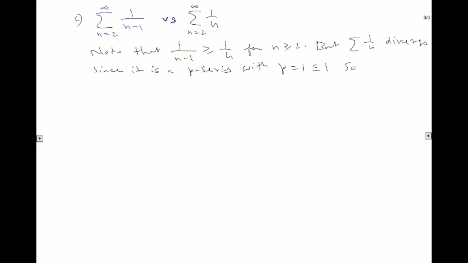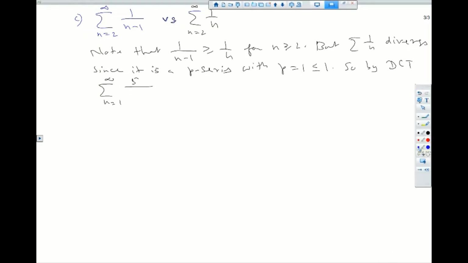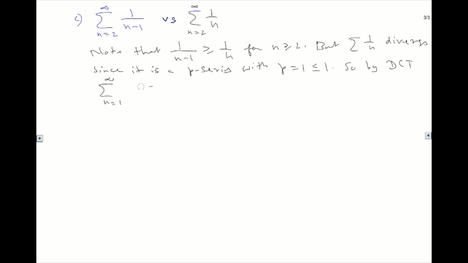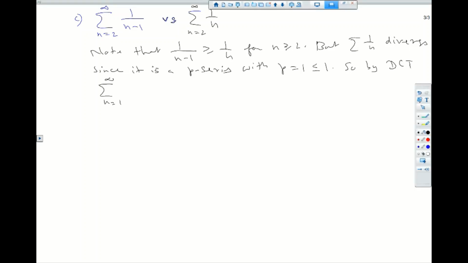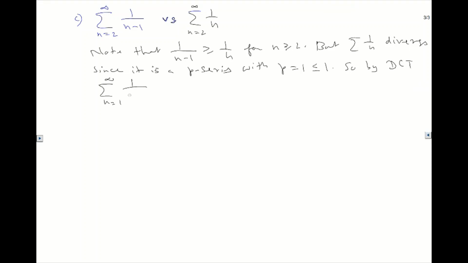So by the direct comparison test, the sum of 1 over n minus 1 diverges.